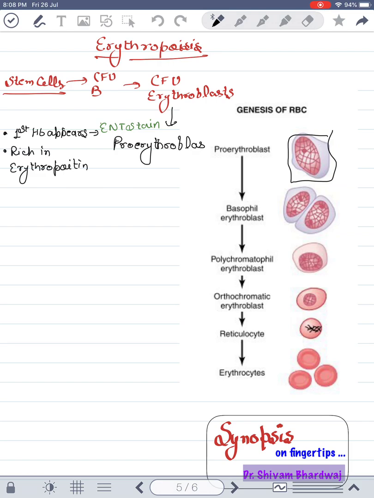Now these proerythroblasts mature and form the early normoblast. These early normoblasts are basophilic in nature. Then the early normoblasts are converted into intermediate normoblasts.